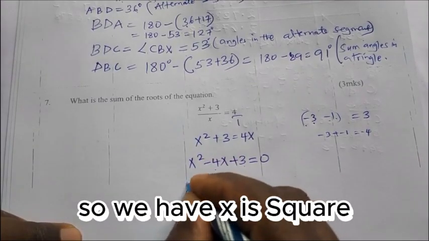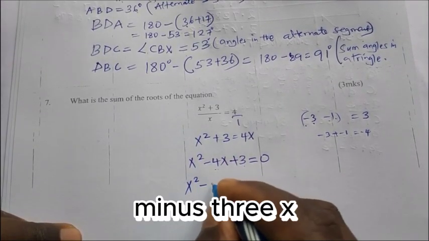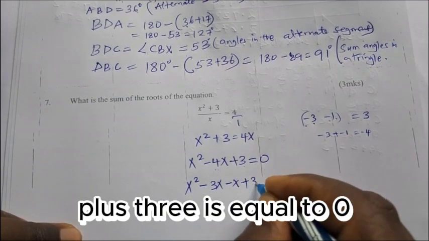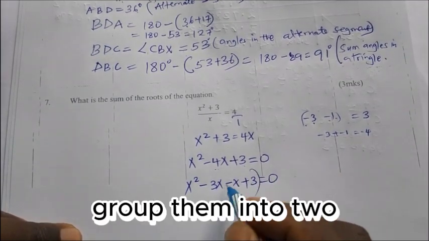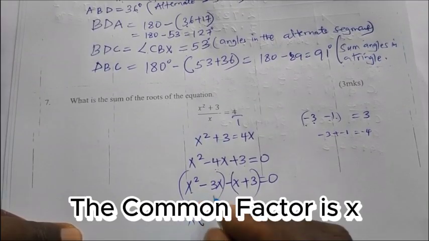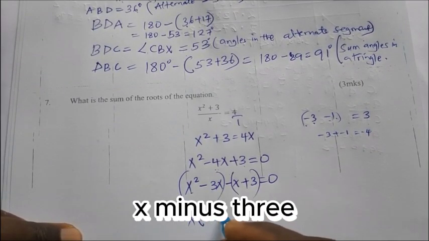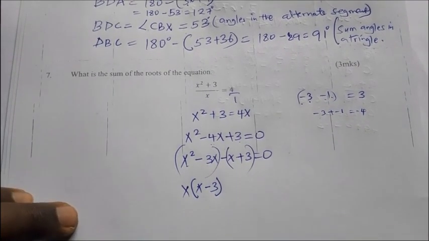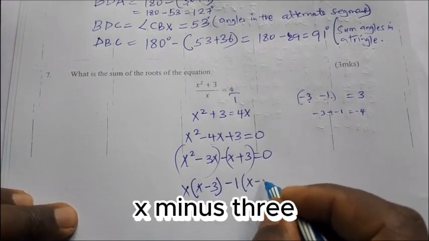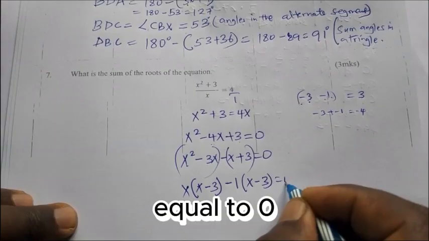So we will have x squared minus 3x minus x plus 3 is equal to 0. Group them into 2. So x into the common factor is x minus 3, minus, you put 1 here, into x minus 3 equal to 0.